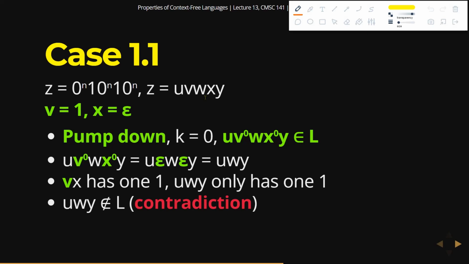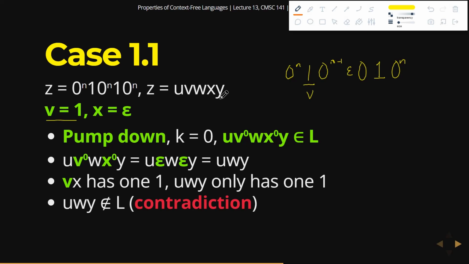So if this was the breakdown, for example, if this was 0 to the n, 1, 0 to the n minus 1, and then epsilon, and then another 0 for the 0 to the n here, and then 1, and then 0 to the n. So maybe this one I will call the v.